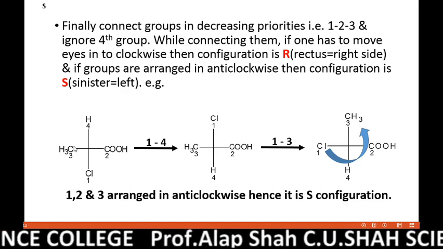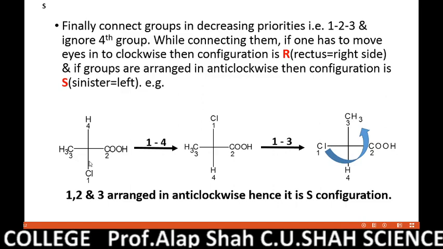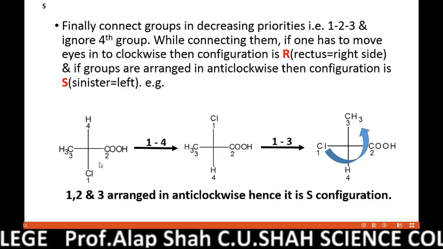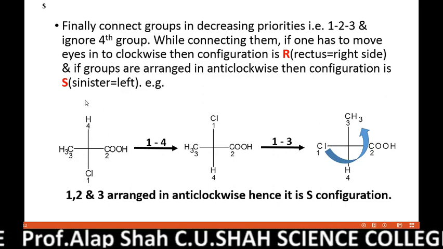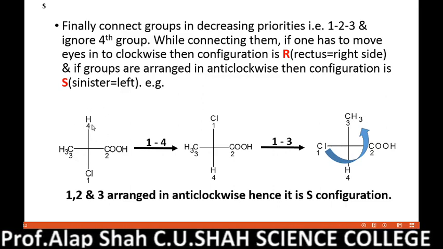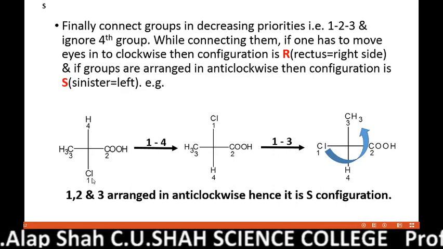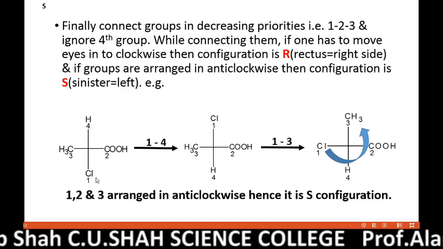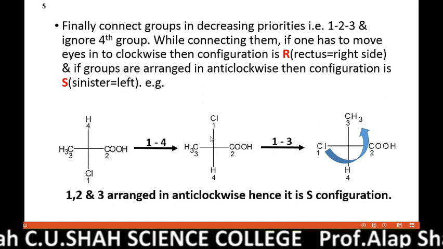When a Fischer projection is given, which group do we keep far from us? It is accepted that we bring the least prior group to the downside. How would you do that? You have to interchange the positions of chlorine and hydrogen, so with the 1, 4 positions changed, you get this configuration.